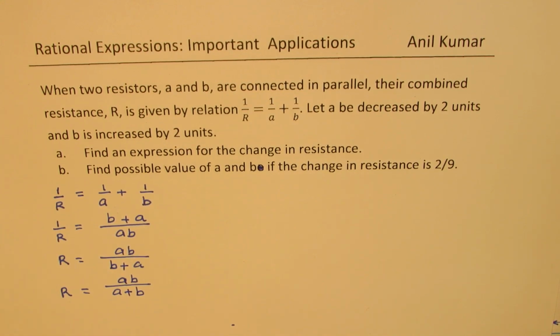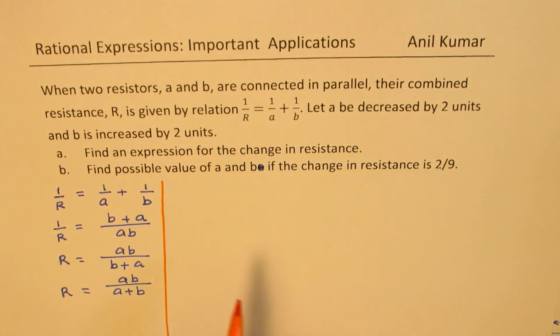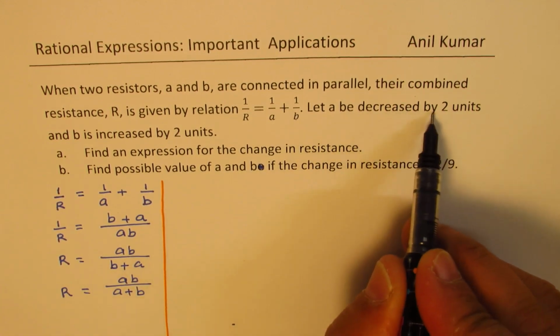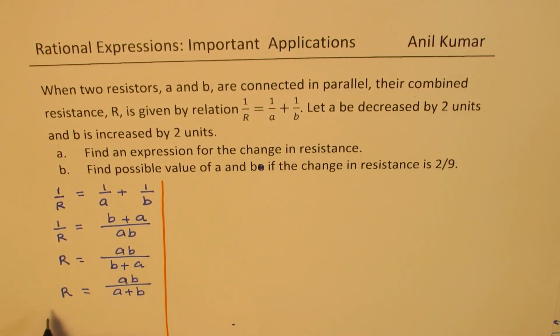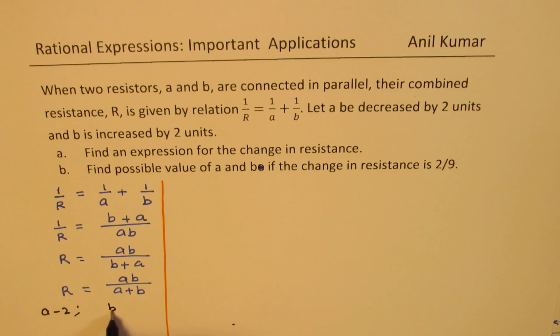Perfect. Now what are we doing? We are changing the value of A and B, and we need to figure out what happens to this value R. When we say A is decreased by 2, that means we replace A with A minus 2, and B increased by 2 means B plus 2.